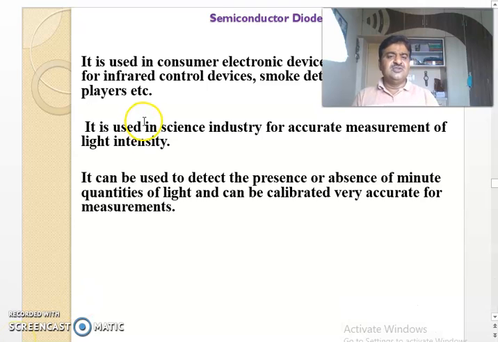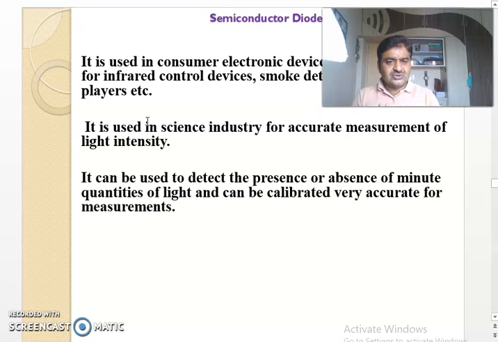It is used in consumer electronic devices such as receivers for infrared control devices, smoke detectors, compact disc players, etc. It is used in the science industry for accurate measurement of light intensity also.